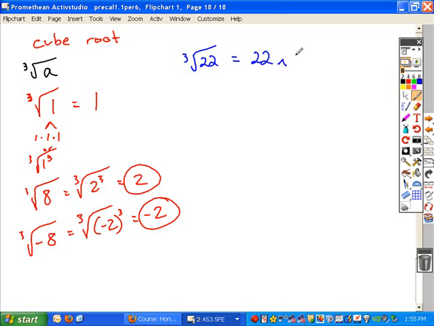You take your number to the power of 1 divided by whatever your index is going to be in the denominator of that rational power. So in this case, 22 to the 1 over 3 power is going to allow you to evaluate your radical.